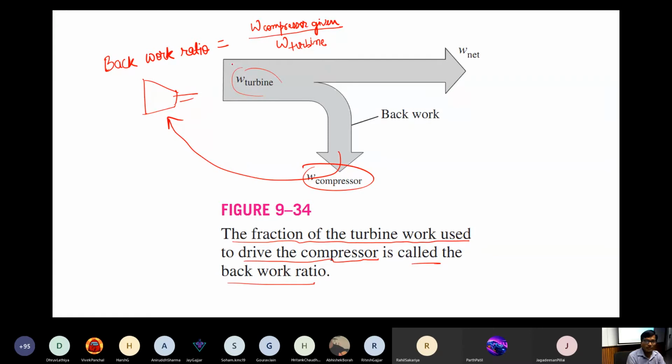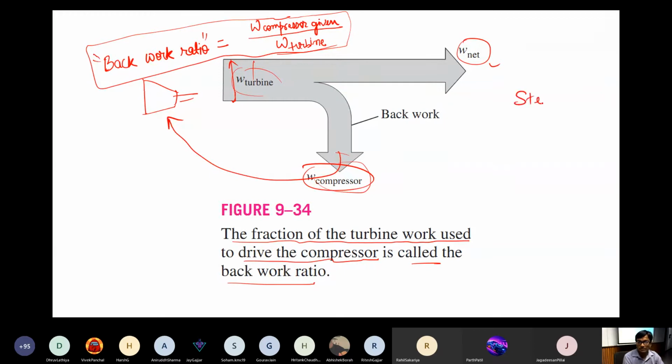So you have a larger amount of work produced, but actually you are getting something lesser. That proportion divided by this whole thing, you will call this the back work ratio, and this is important when we talk about steam power plants.